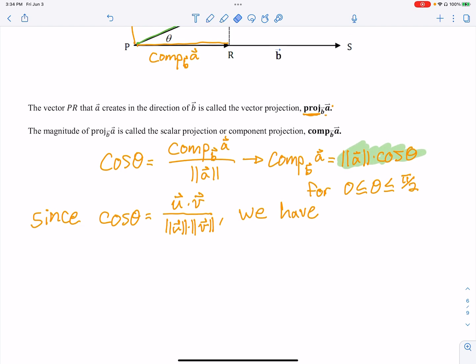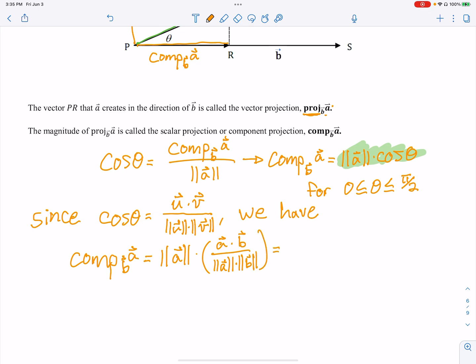So the component projection of A onto B is equal to the magnitude of A times A dot B over the magnitude of A times the magnitude of B. This cancels the magnitude of A, leaving the component projection to be A dot B over the magnitude of B. There's our definition.